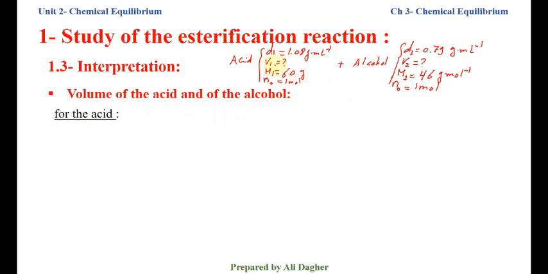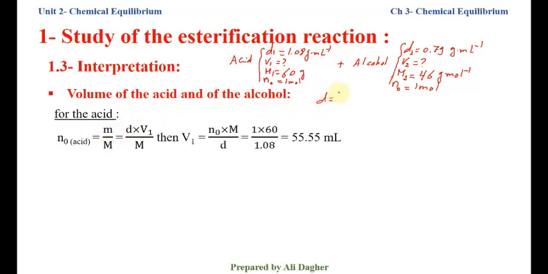How can we determine the volume from density and the number of moles? We have the number of moles equal to mass over molar mass, and density equal to mass over volume. Then the mass equals density times volume. Therefore, we replace the mass m1 by density 1 times volume 1, over molar mass 1.